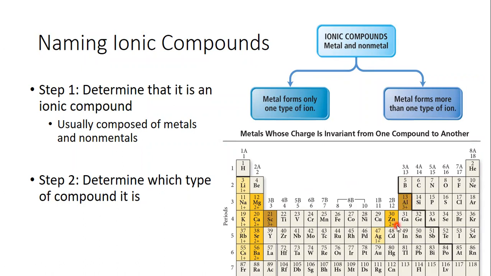Zinc +2. Silver +1. So you have everything in column 1, everything in column 2, Sc, then Al, Zn, Ag. Every other metal forms more than one type of ion. So when we're looking at ionic compounds, what type of metal you have will determine how we name things.